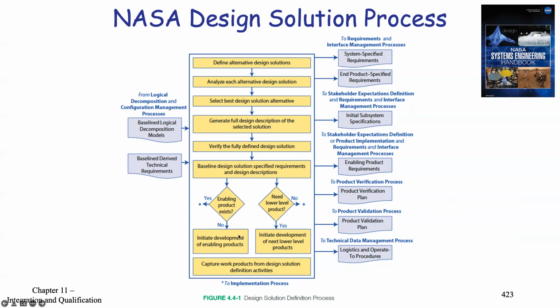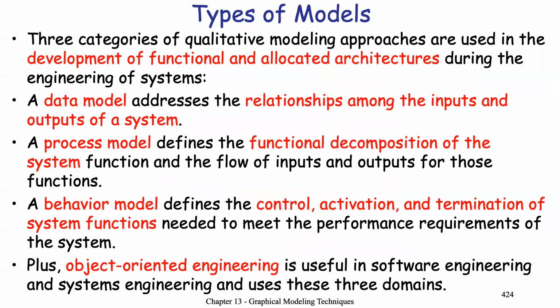And then there's a logical flow as we go along. And so there's inputs and outputs from this. There's inputs from a logical decomposition and configuration management process, and then there's outputs, the various types of products, requirements documents, and other types of verification planning and logistics. And so that's just a general flow to be thinking about.